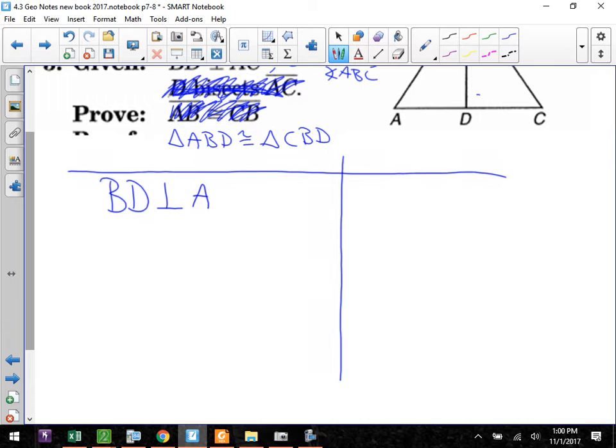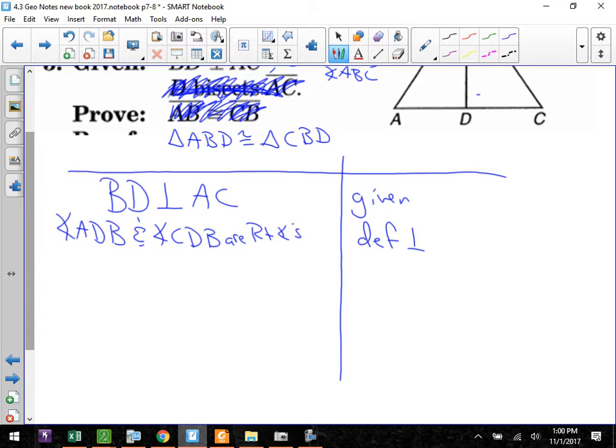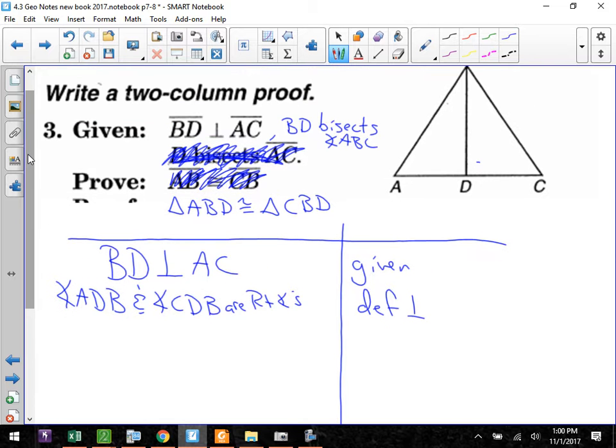perpendicular AC. Now, according to my diagram then, that means I have angle ADB. So right away, it was perpendicular.